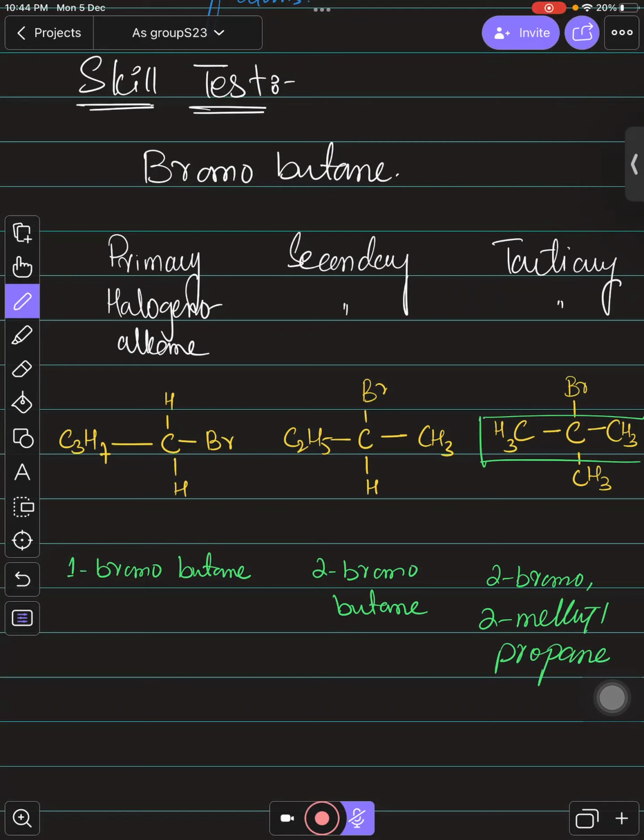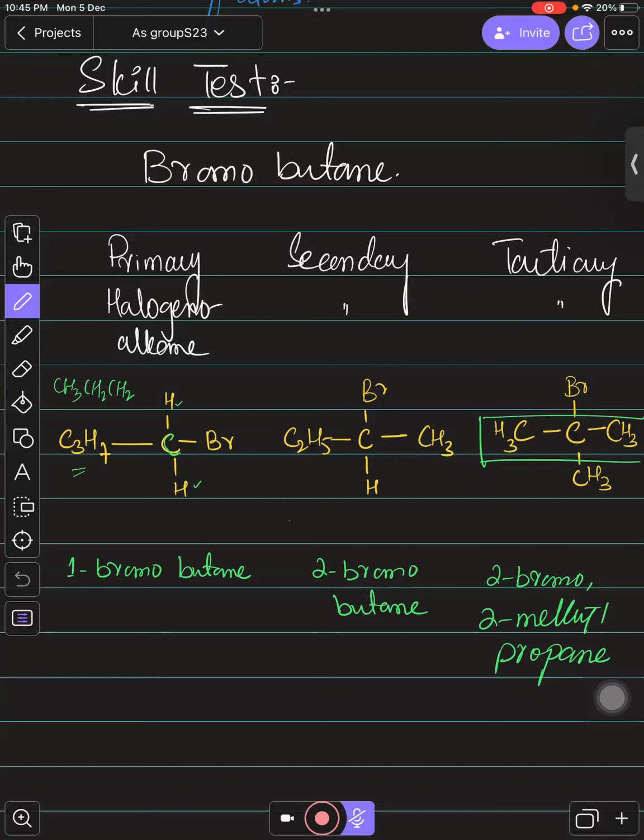Now these are the simple 3 structures, and you can see not a single carbon in the first structure is a chiral carbon because all of them have at least 2 hydrogens, right? Over here as well you will see CH3, CH2, CH2, so they are all not chiral carbons.